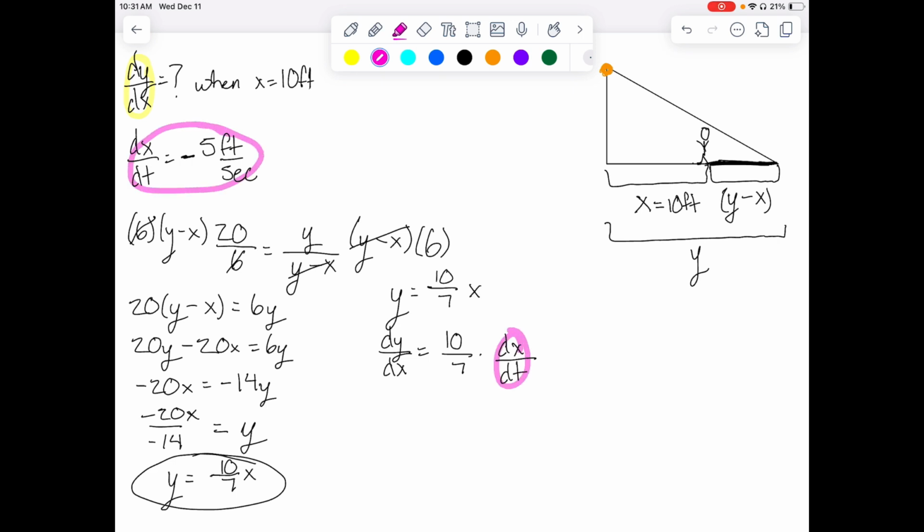So we're going to plug that in right here. dy/dt equals 10 over 7 times negative 5, and that's just going to equal negative 50 over 7. We're going to make sure to include our units, which is feet per second.